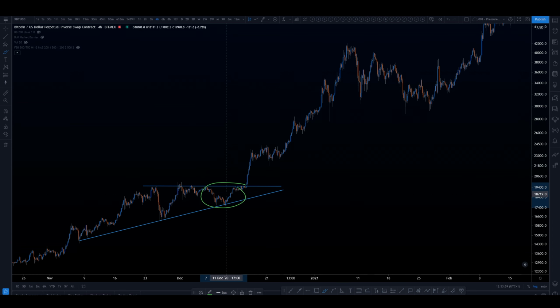What we don't want to do here is to enter high leverage trades. You could enter low leverage trades. You could wait for a breakout and then enter trades, depending on your setup.